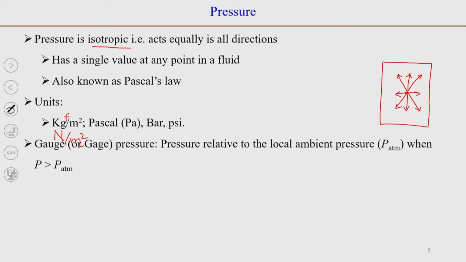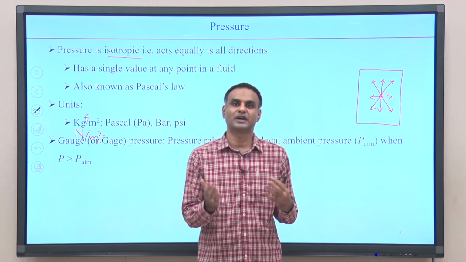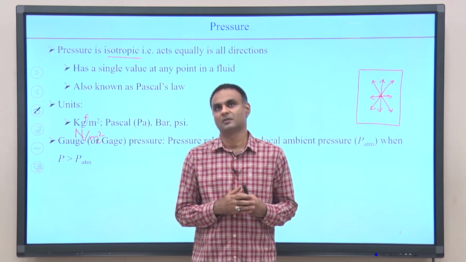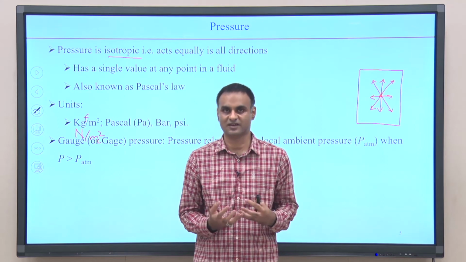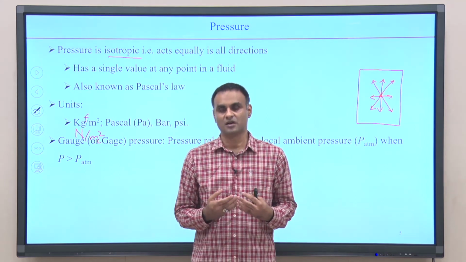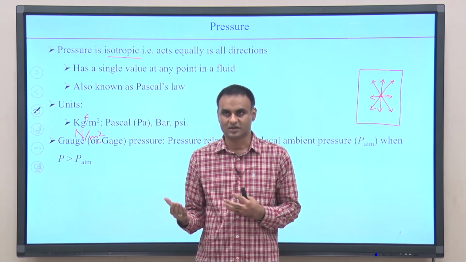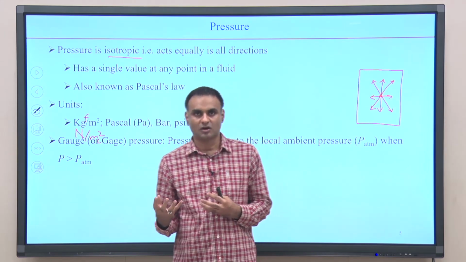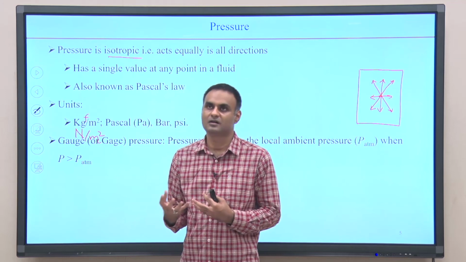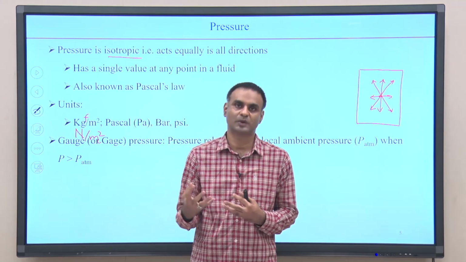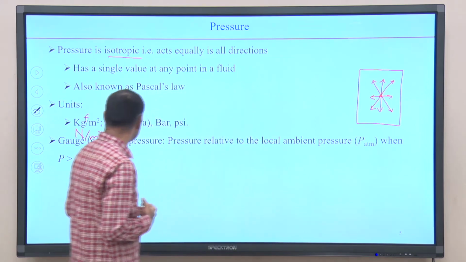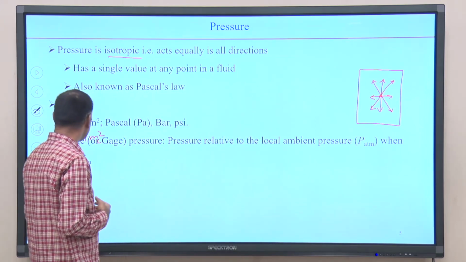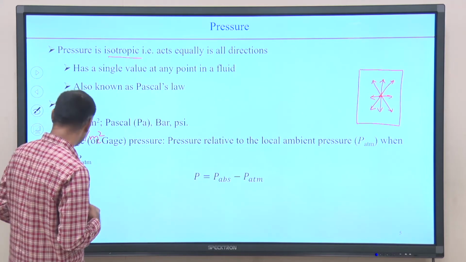Now, pressure is measured with respect to a reference pressure. In most of the cases when we are doing things on the earth's surface, it is measured with respect to the atmospheric pressure. So, it is often reported with respect to atmospheric pressure. If the pressure is above atmospheric pressure, then we represent it as a gauge pressure.